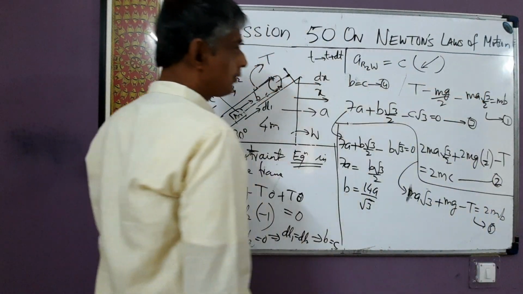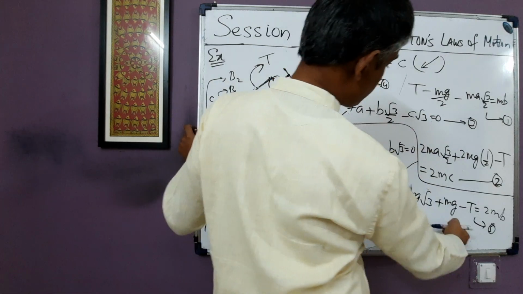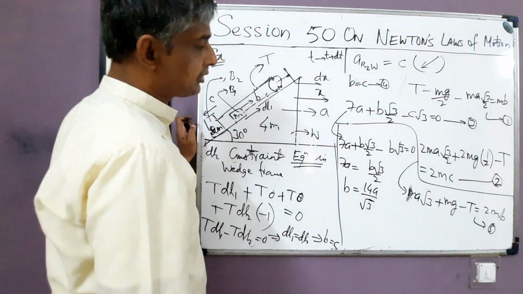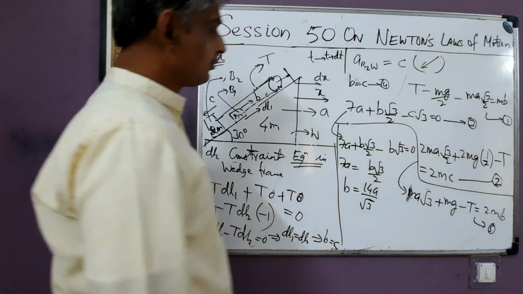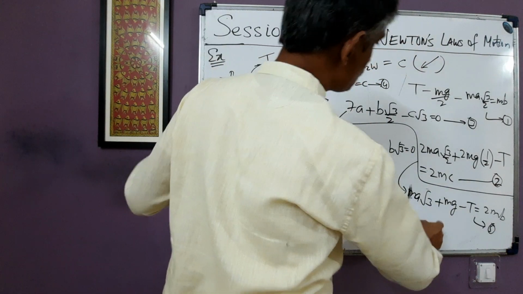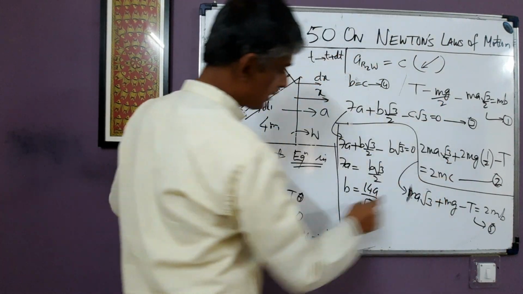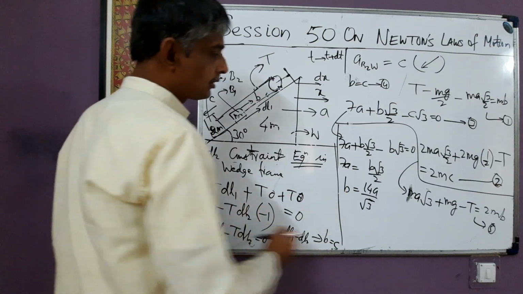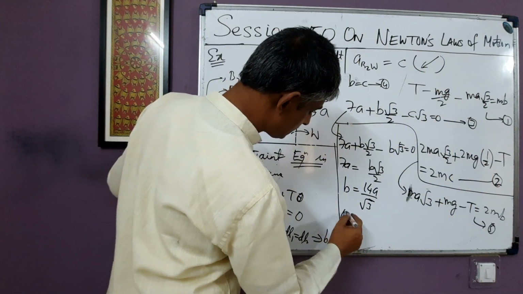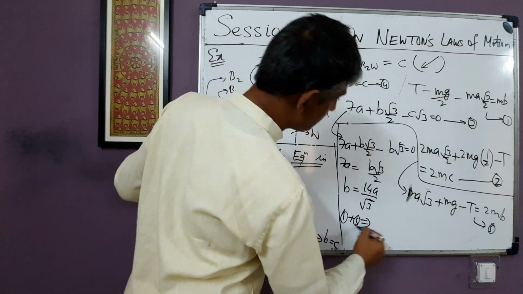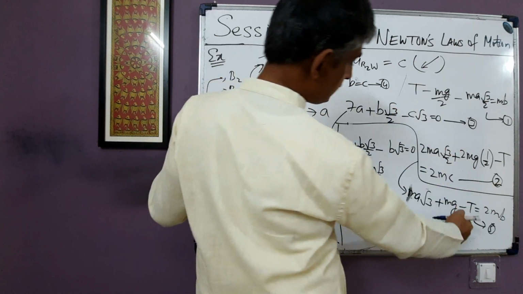Now what I do, I add the first and the fifth equation, and use this data for B, so that B will go away. First plus fifth equation, meaning what? T and T will go away.